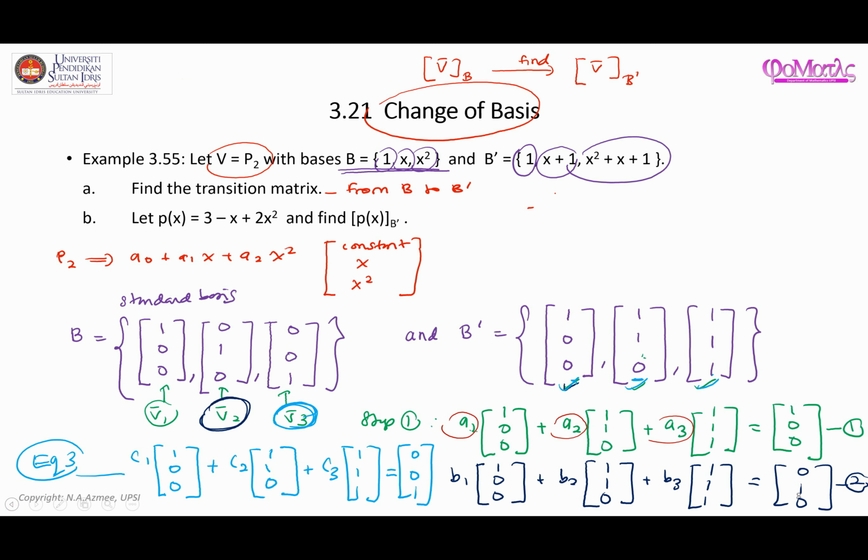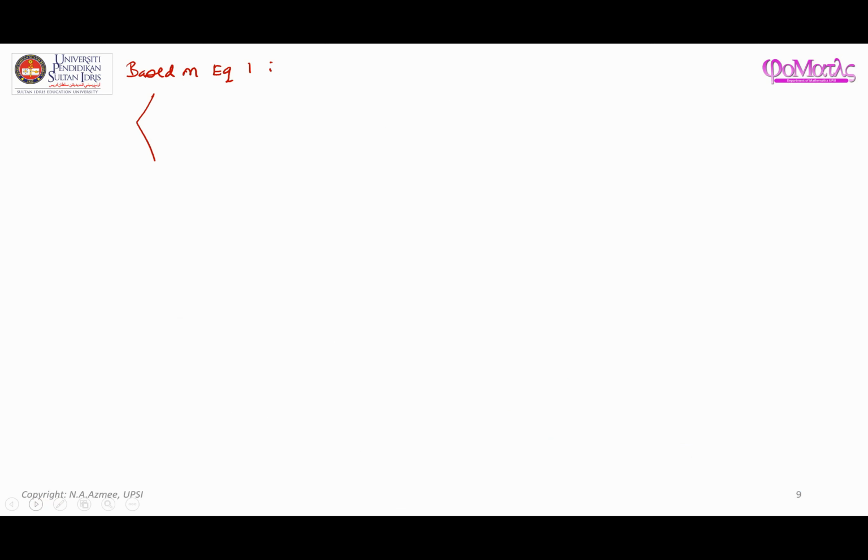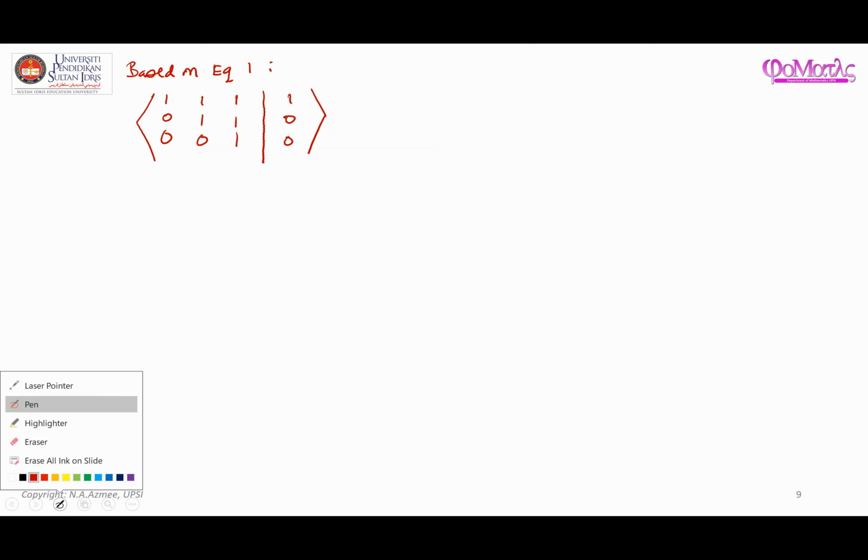Based on equation 1, to find the values of a1, a2, a3, we can consider the augmented matrix that combines all these values: 1 0 0, 1 1 0, 1 1 1, equal to 1 0 0. What we can see here is that it is already in its simplest form. We don't need to do any elementary row operation.